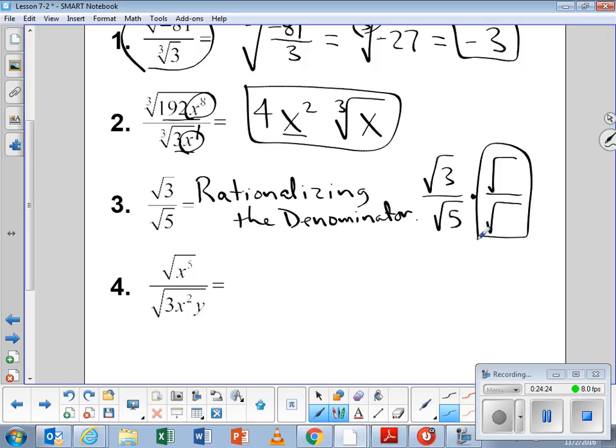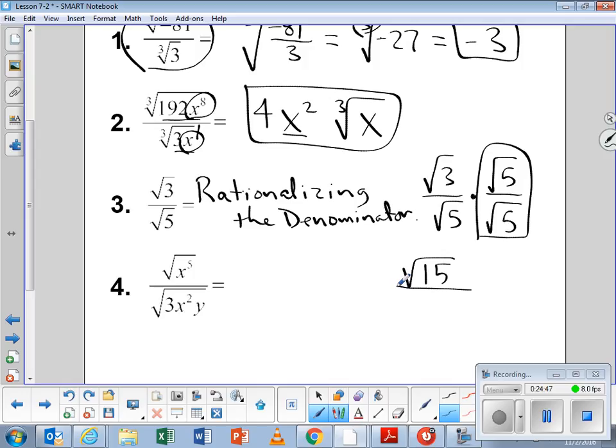Okay? And so what would I multiply by the square root of 5 to make it no longer a square root? Square root of 5. Yeah. And since I already had that square root sign, that's probably what you're realizing. Okay? And so I put the same on the top. And so on top, square root of 3 times square root of 5 is square root of 15.